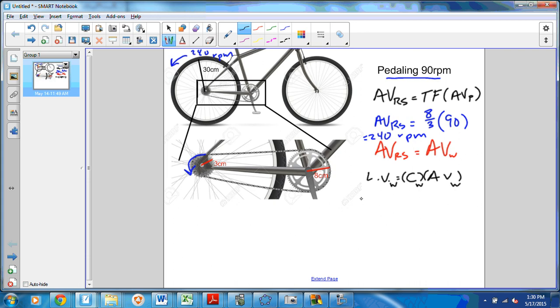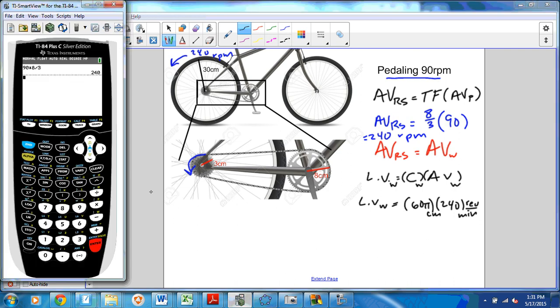So the linear velocity of this wheel is the circumference of the wheel, which is 60 pi, times the angular velocity of the wheel, which is 240 revolutions per minute. Units are always good in this, so I should put that this is centimeters. So I know then once I go through this calculation, it will be centimeters per minute.